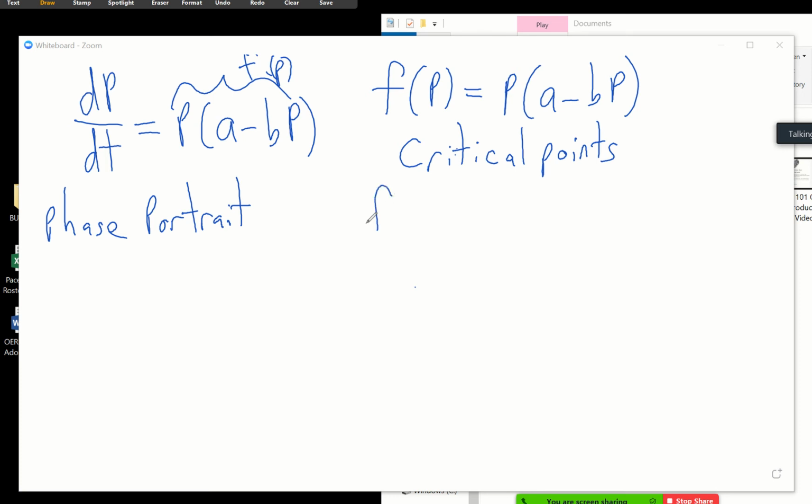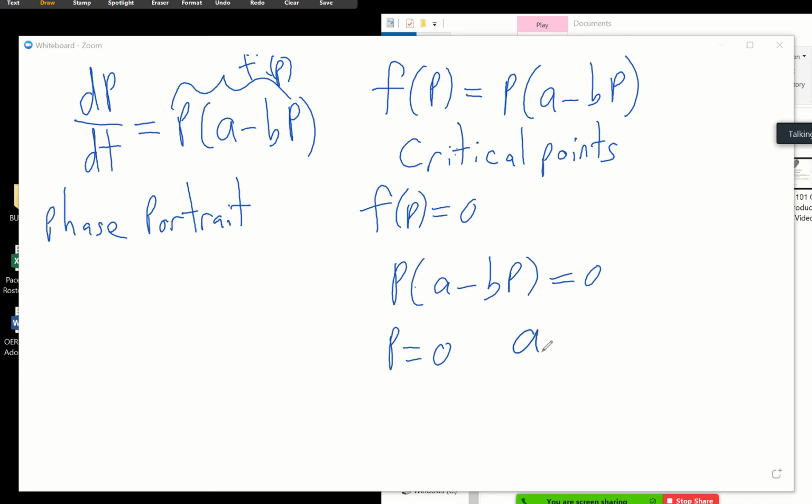To find the critical points, we're going to set f of p equal to 0 and solve. So when is p times a minus bp equal to 0? Well, it's already factored, so you can set each factor equal to 0. We get p equals 0, or a minus bp equals 0. I can add the bp to both sides, divide by b, and we would get that p equals a over b.